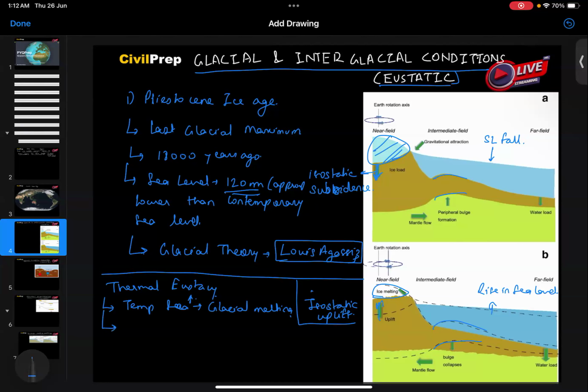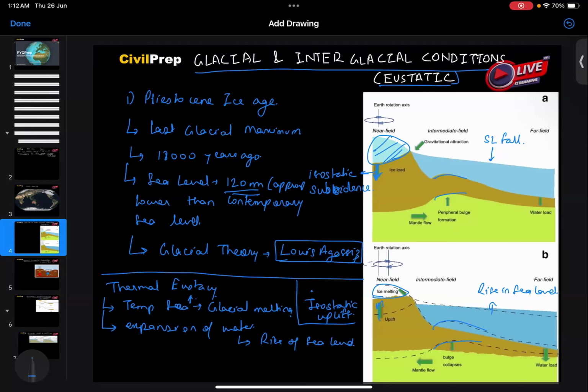Apart from this, there will be expansion of water, because as the temperature rises, the water expands. So because of this expansion, there is a further rise of sea level.